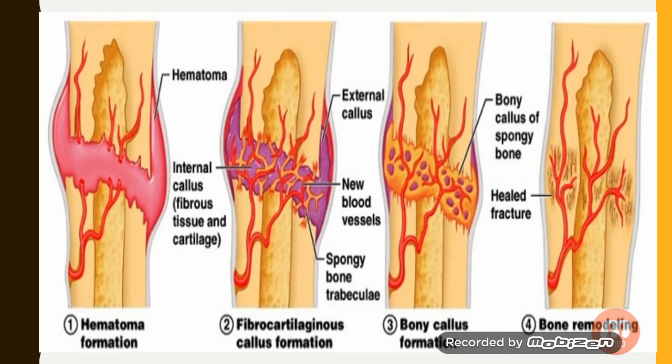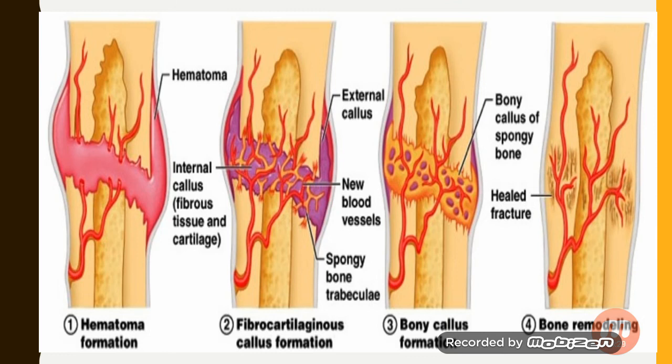Or the bones may not join or unite again. This is called non-union. It will start occurring after 2 to 3 months. Osteoclasts break down the cartilage while the osteoblasts replace it with the bone.